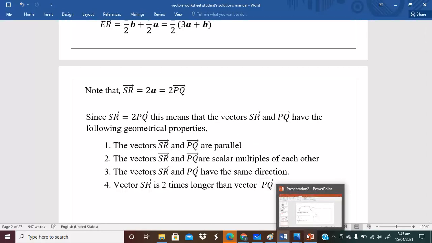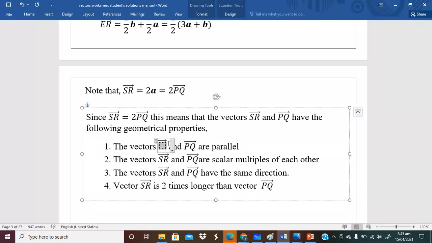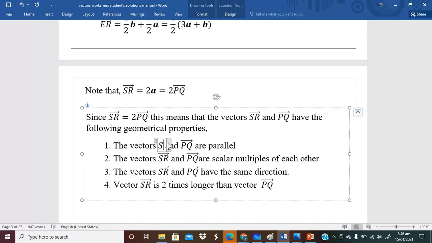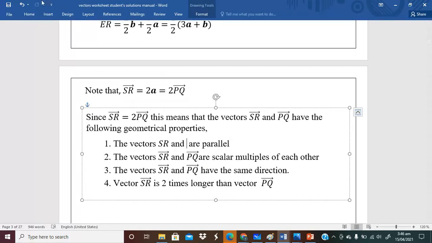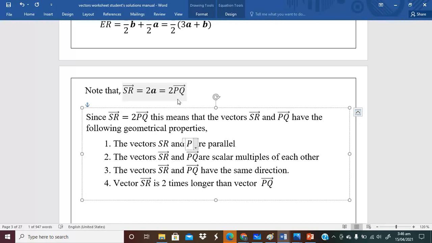Because we're not talking about the vectors for this question, we're just talking about the line segments, we can say that SR and PQ are parallel.